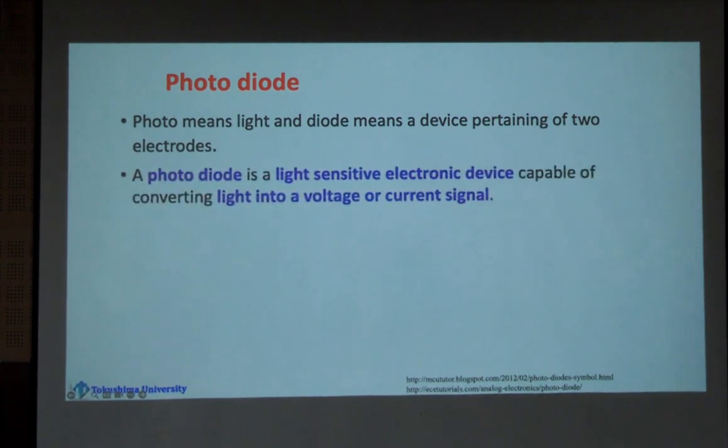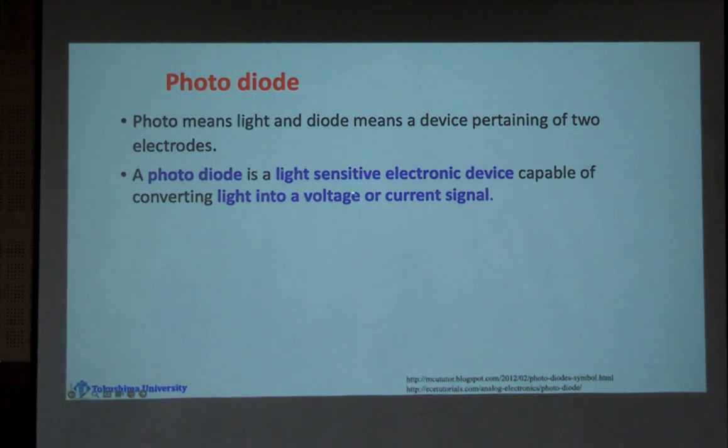Photodiode means light and diode. Photo means light, diode means a device with two electrodes. So a P and N junction, that is a diode. A normal diode has only a P and N junction, but here you are adding light.